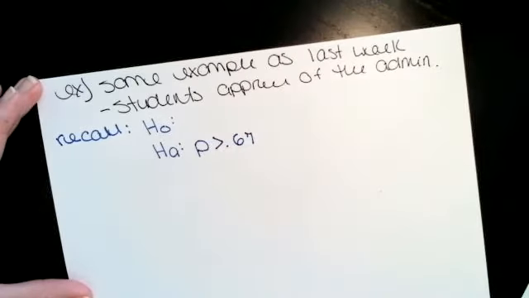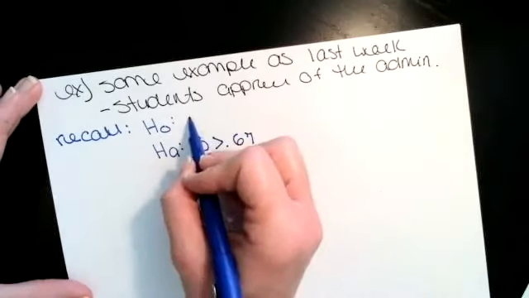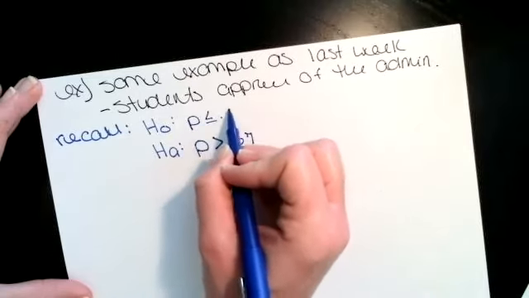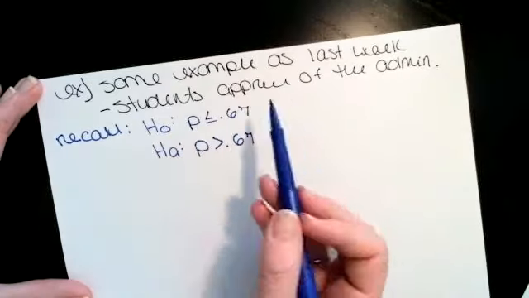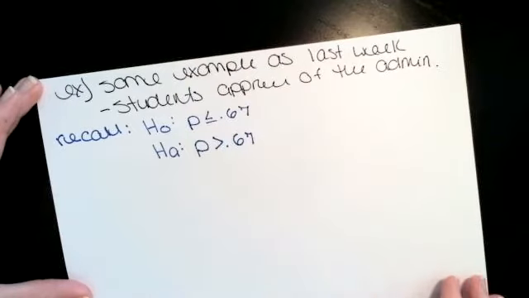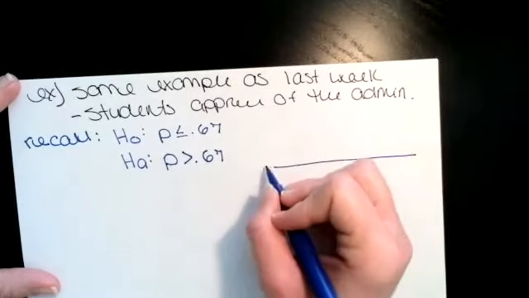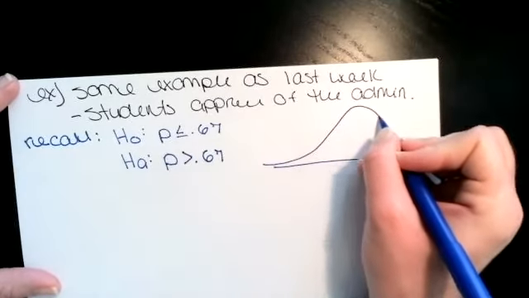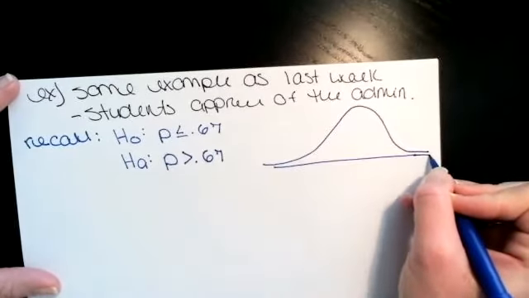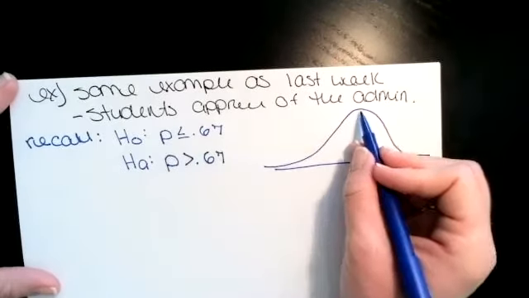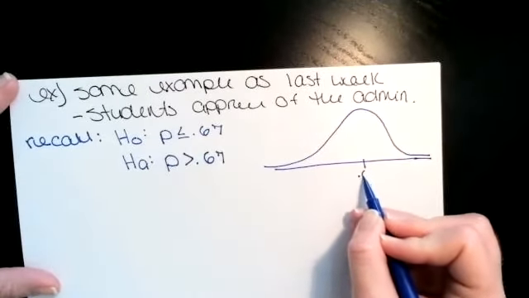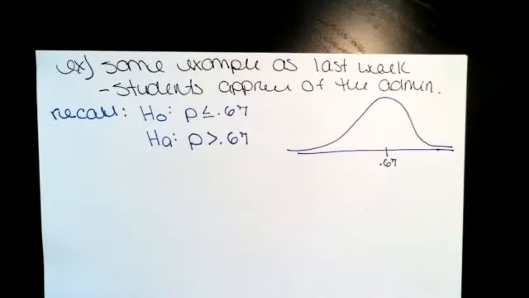So we have p greater than 0.67. So that makes the null p less than or equal to 0.67. Just keep in mind, 0.67 is the center of my curve. I'm actually going to draw it out because I think it's really helpful to see. This is why all the time I say to you guys, draw it out. You don't have to show me, but at least draw it out. So this is 0.67, right?